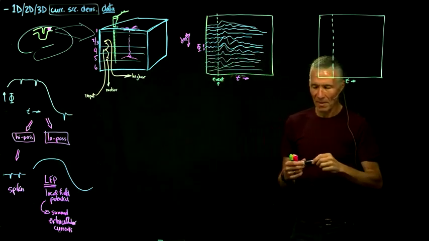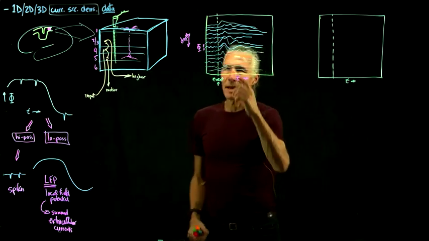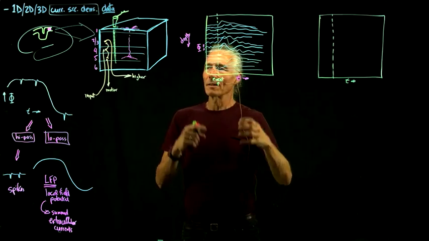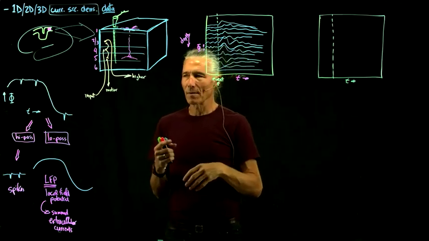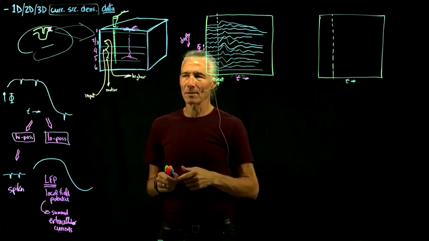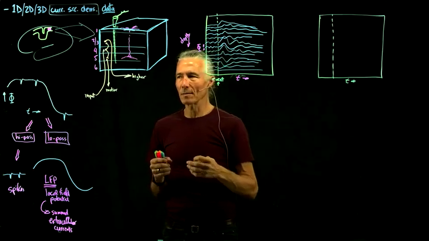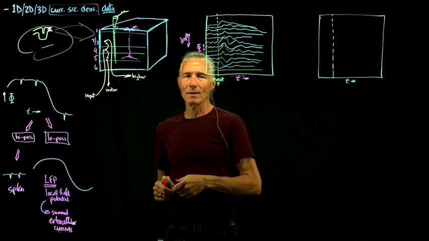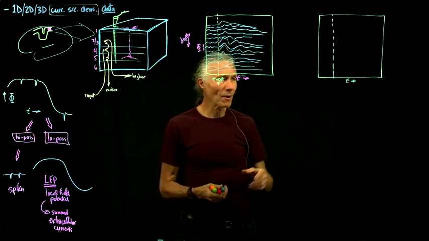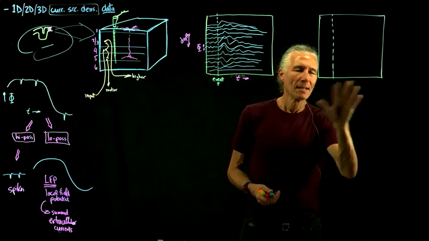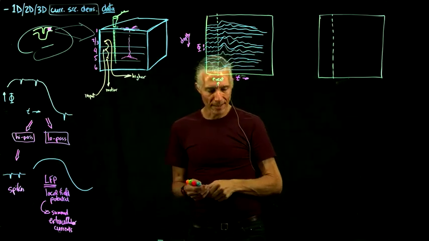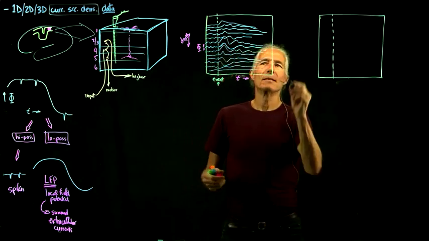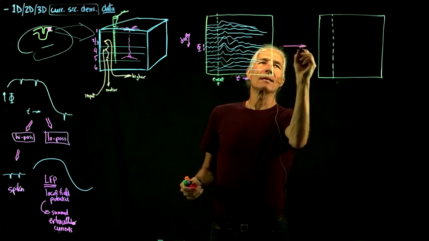And what does that represent? It just represents the summed currents flowing all around in the cortex from whatever happened in the cortex. So it's all the extracellular currents caused by all the activity of nearby neurons in the cortex. So now we need to calculate the 1D current source density. And the 1D current source density calculation is, we calculate the Laplacian.